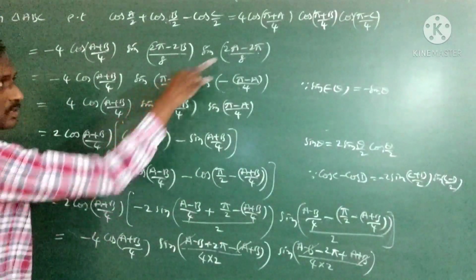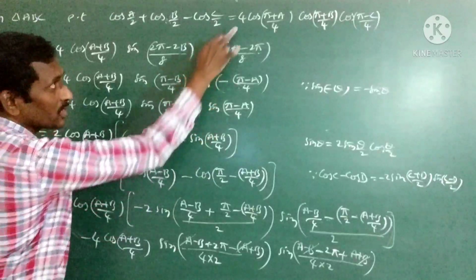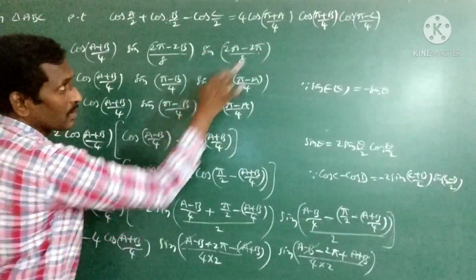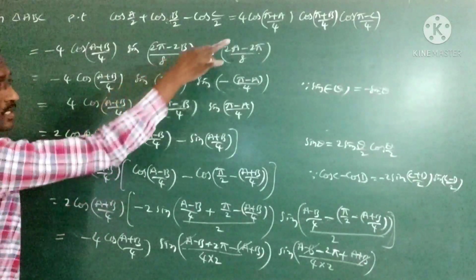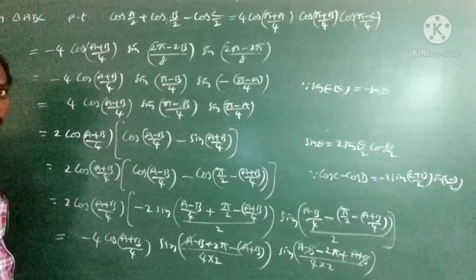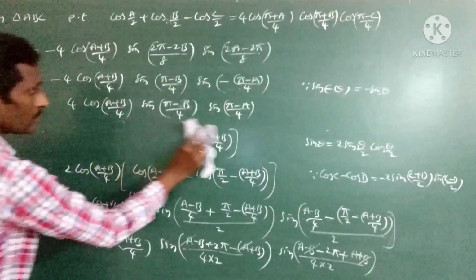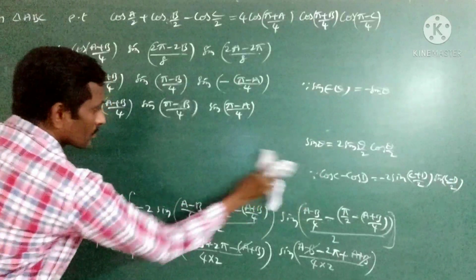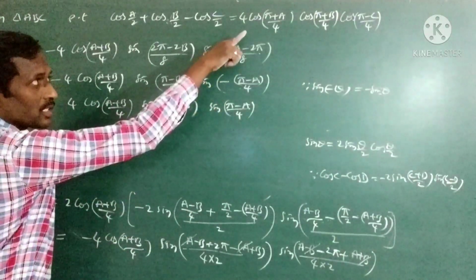But the answer is there in cos functions, and also pi minus A, cos function you have to get, here we have a sine. Pi plus B also you have to get cos function. This cos, it is a pi, A plus B we can write as it is. Now you have to change these functions. So this function is there in answer cos function.